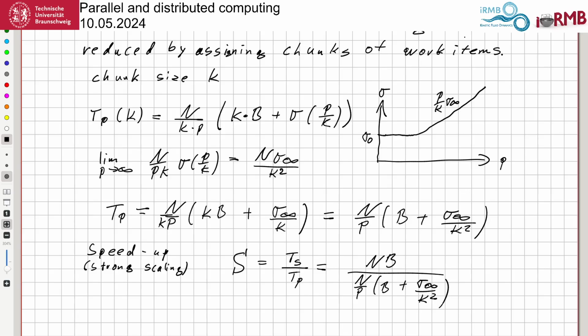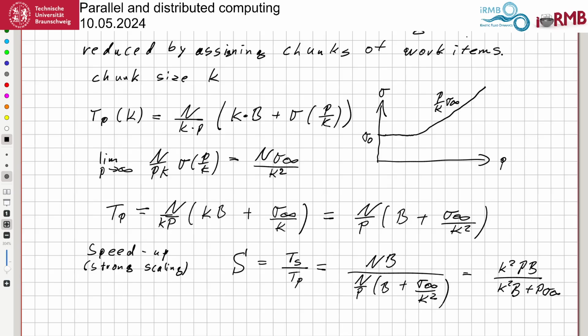So there would be a k square. This should be k square p b by k square b times p sigma infinity.